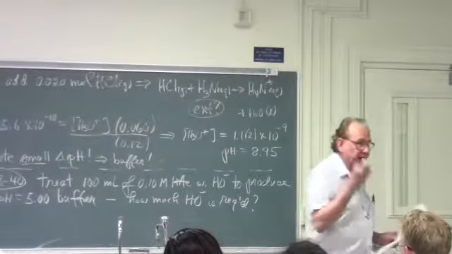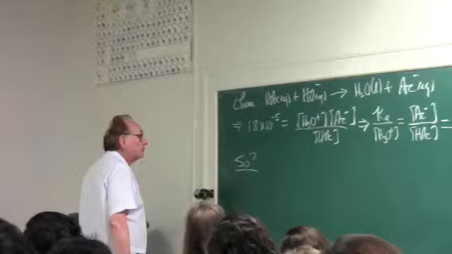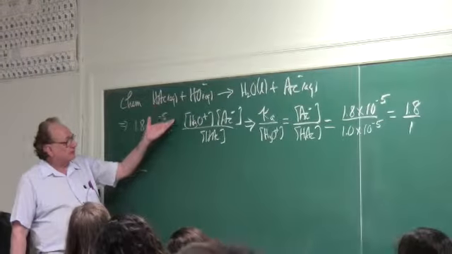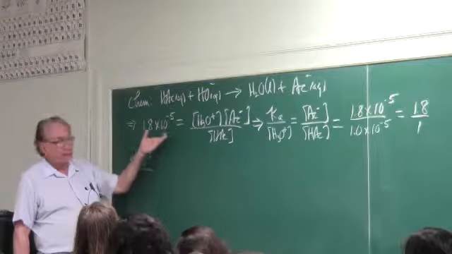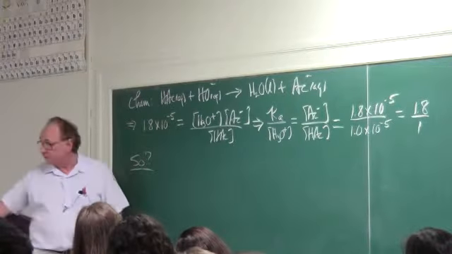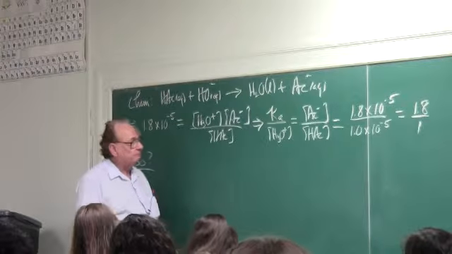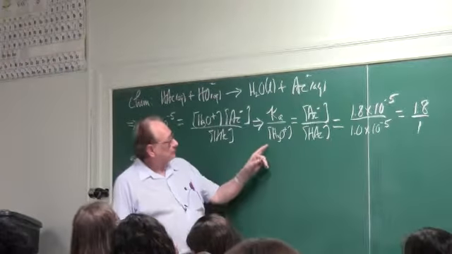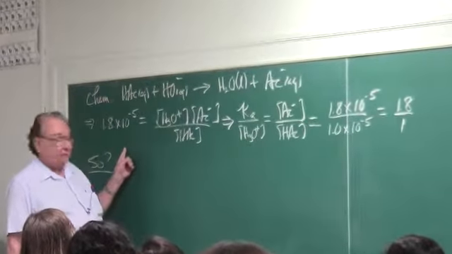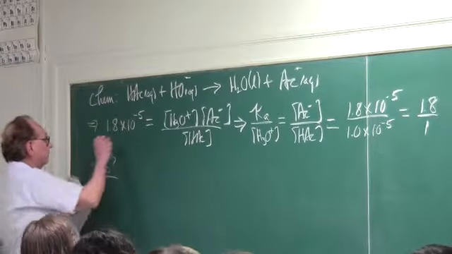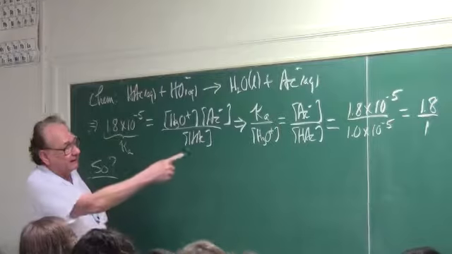So, the question ultimately is, how much hydroxide ion do I need to add to achieve this buffer preparation? To make this acetic acid acetate ion buffer, which has pH 5.00. Well, we recognize this is the chemistry. Here's Ka for acetic acid. Again, I'm going to use this rather than Kb for acetate ion. I'm talking about pH and hydronium ion concentration. So I'm going to take what I wrote here and rearrange it. This, of course, is Ka. Until I get this.